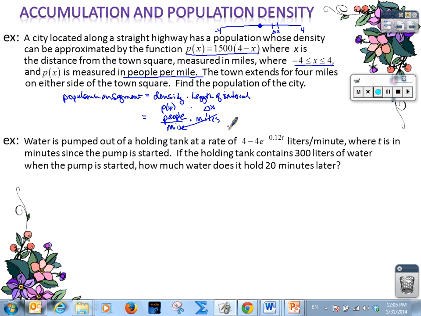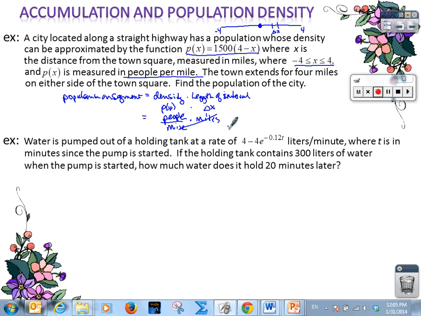We've done one like this before, we just integrated our p of x, because the delta x in an integral turns to what? What is delta x in an integral? dx. So it's built in. We don't even have to think about it.